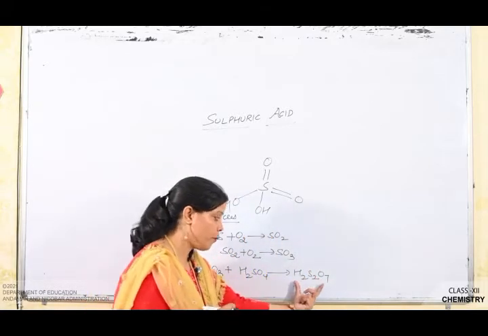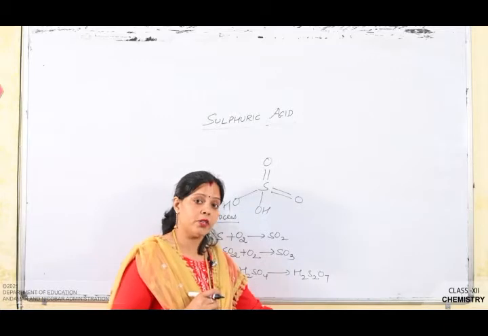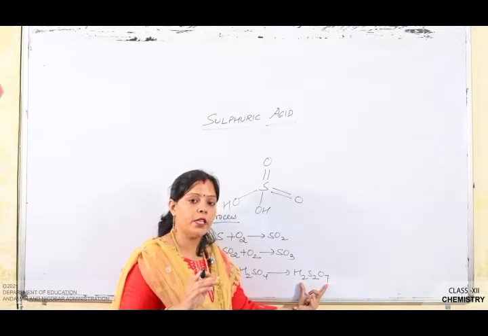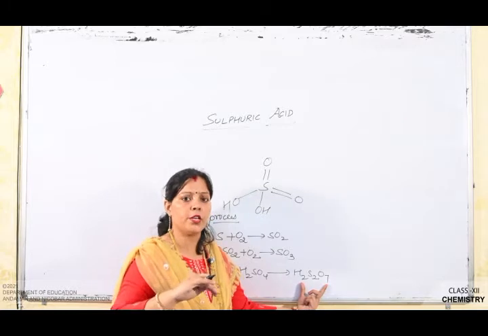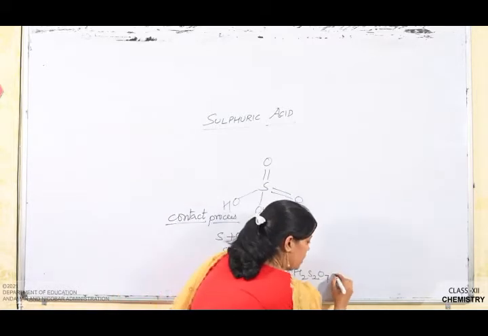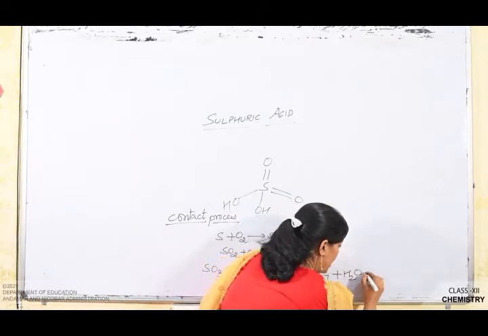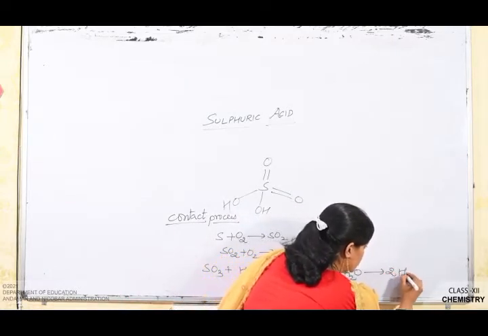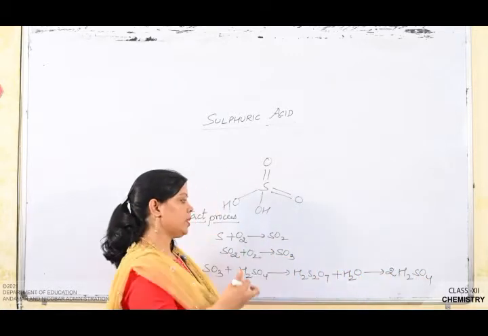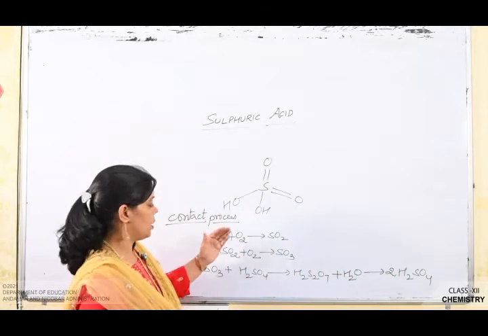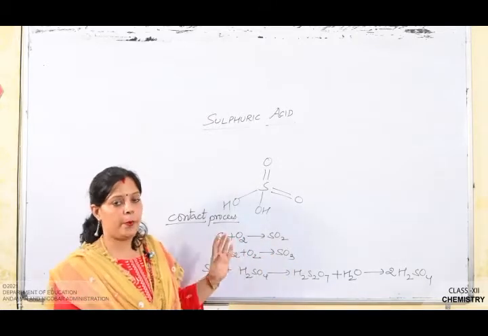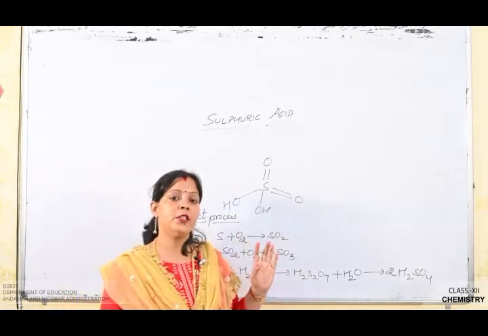In the form of oleum, on the industrial scale, sulfuric acid is stored, and when we want some concentration of sulfuric acid, this oleum is diluted with water, and after the dilution we get 2 moles of sulfuric acid, H2SO4. In this way we can prepare sulfuric acid by the contact process, but for that session this industrial preparation of sulfuric acid is removed.